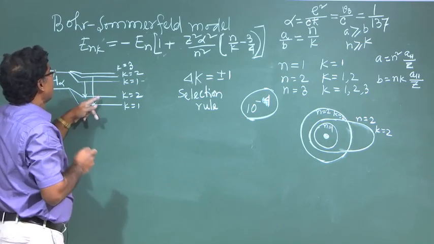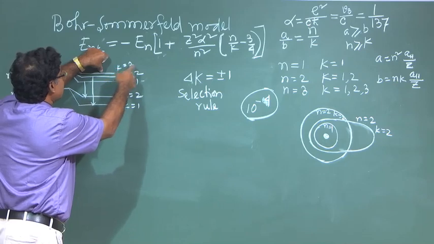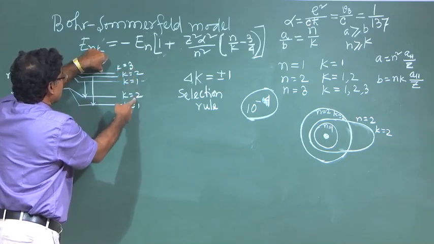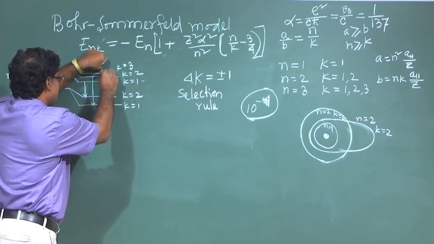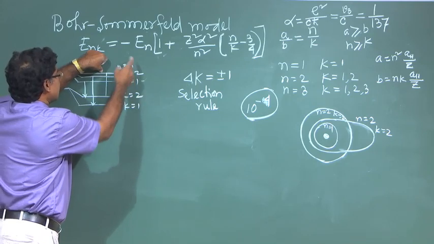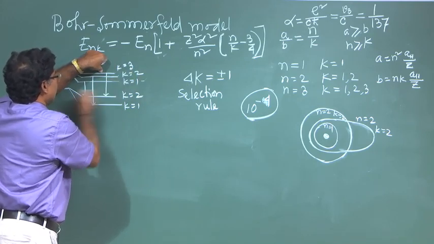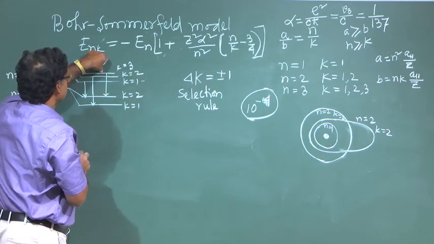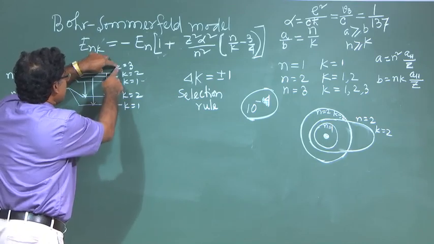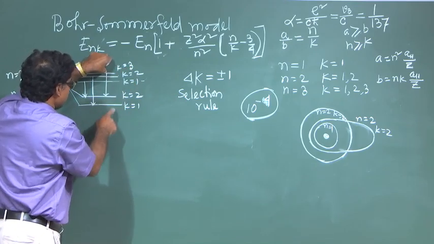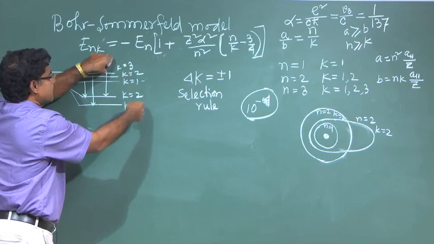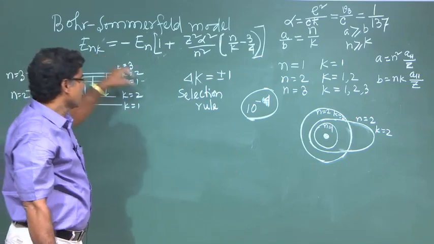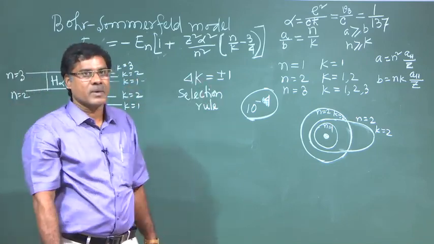And then from k equal to 3 to k equal to 2 it is allowed, again delta k is minus 1, but k equal to 3 to k equal to 1 is not allowed because the difference is minus 2. The selection rule does not permit it.